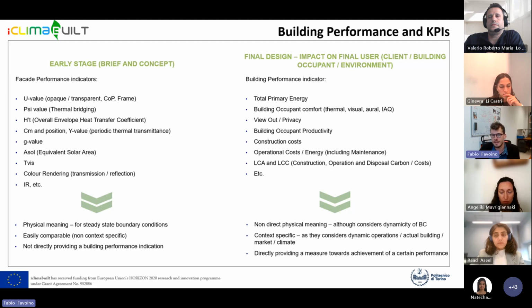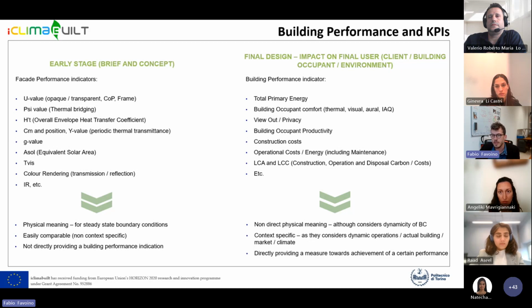These are metrics like total primary energy use, metrics related to occupant comfort, thermal, visual, aural comfort, indoor air quality, metrics related to view out, privacy, metrics related to operational cost, energy, or eventually carbon, whether that's operational carbon, embodied or life cycle carbon.